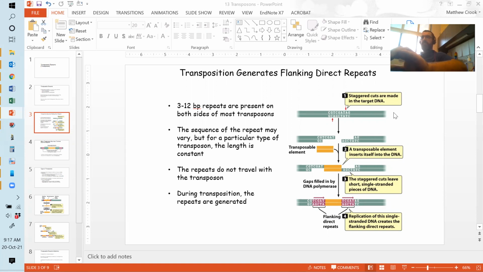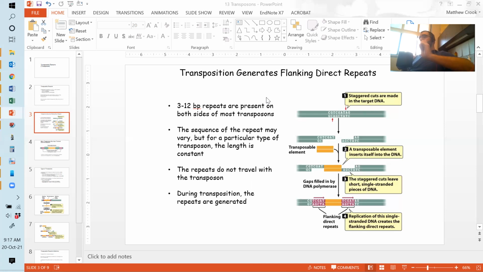So for example, the transposon that I worked on, which is called piggyBac, recognizes AATT. Right, so anywhere that you have an AATT in your genome, if you had a piggyBac transposon there, would serve as a site.